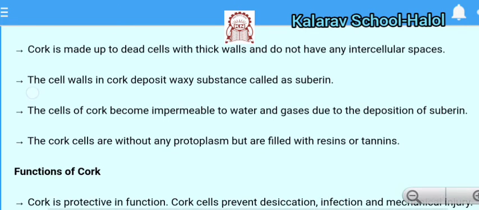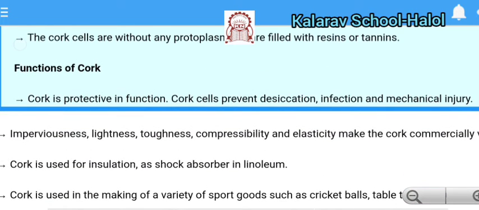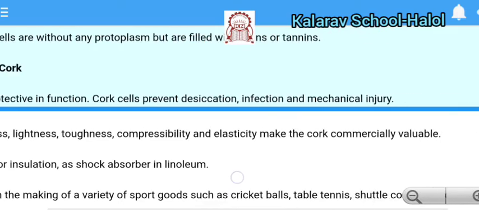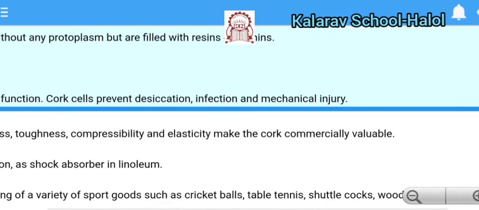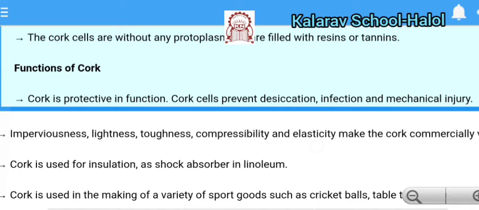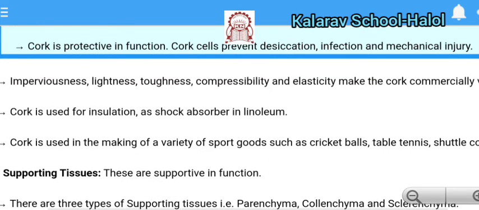Next is the function of cork. It is protective in function, preventing desiccation, infection and mechanical injury. Lightness, toughness, compressibility and elasticity make it valuable. Cork is used for insulation and for a variety of sport goods such as cricket balls.